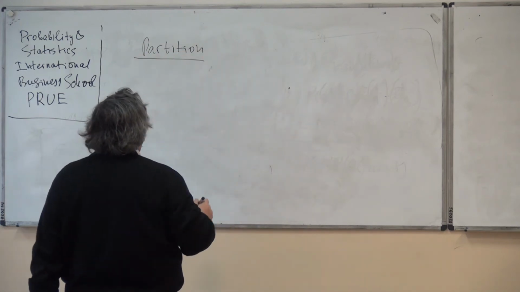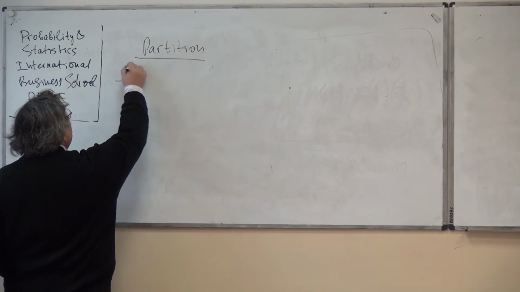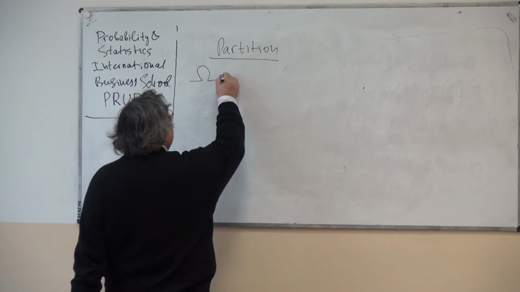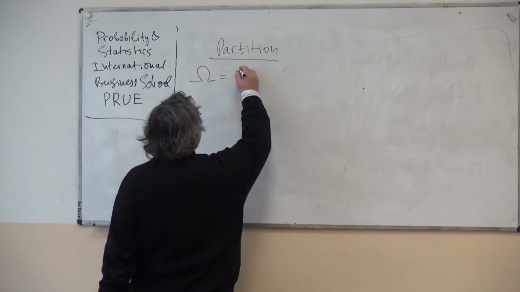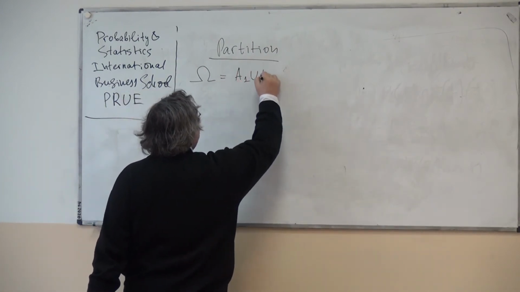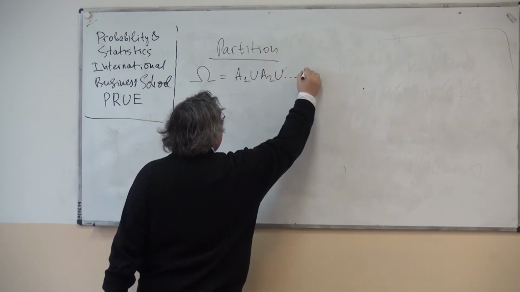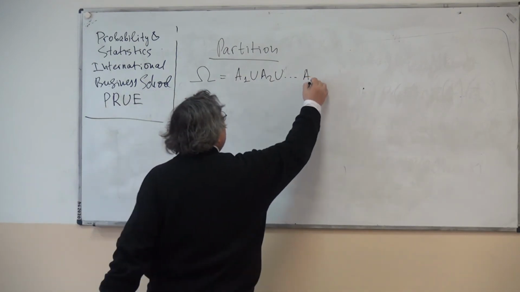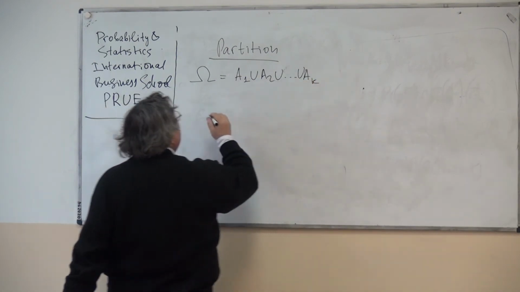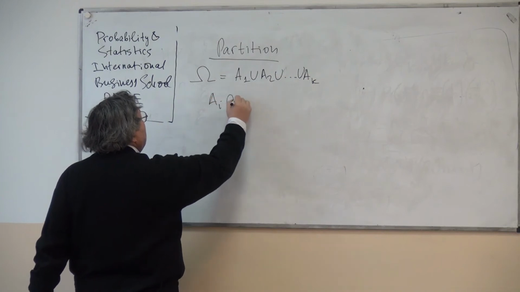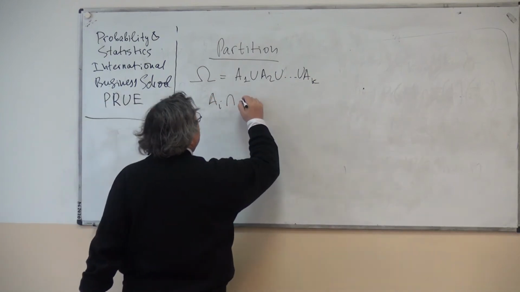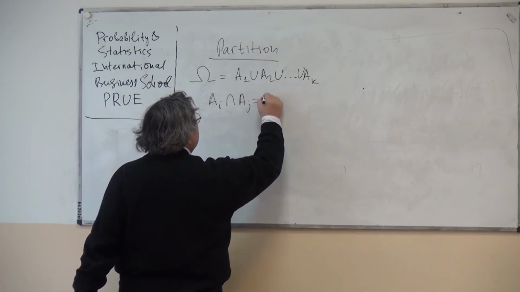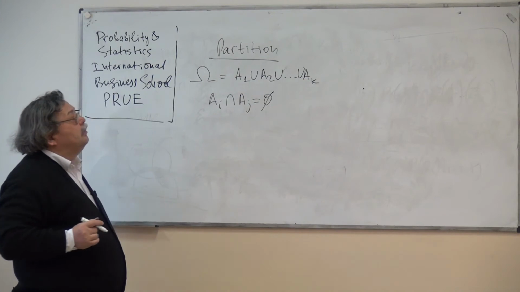We say that we have a partition of the sample space if the sample space omega can be presented as the union of a certain number of events, like this, such that each two of them are mutually exclusive.